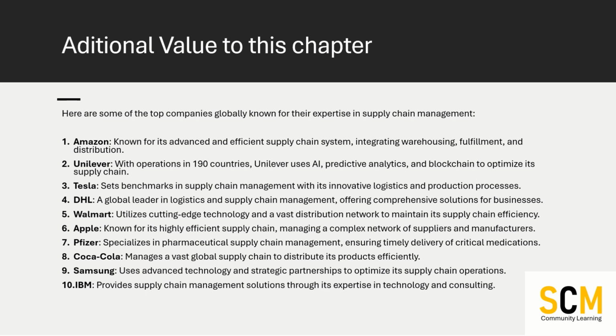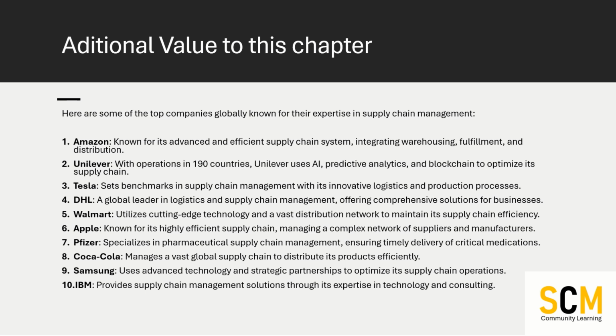We have 10 companies around the world that we can try to learn from about what they are doing nowadays. The first one is Amazon, known for its advanced and efficient supply chain system, integrating warehousing, fulfillment, and distribution. Amazon is the key around the world if you are talking about distribution.